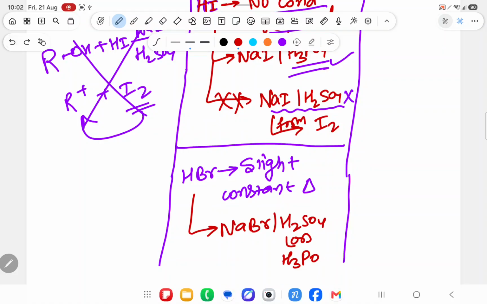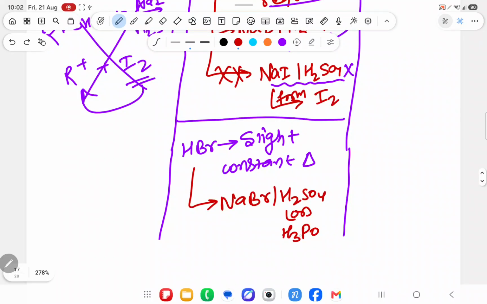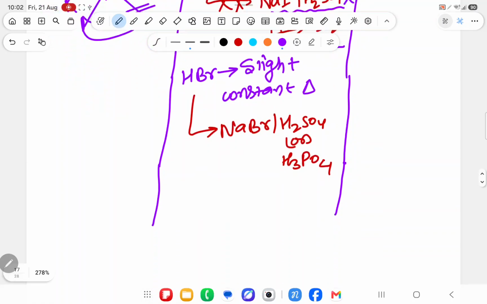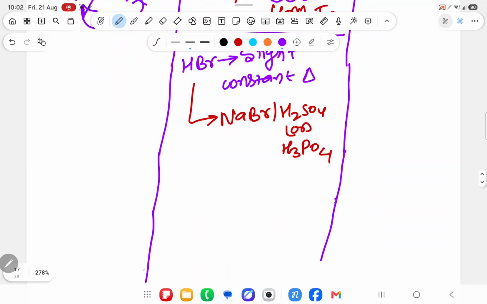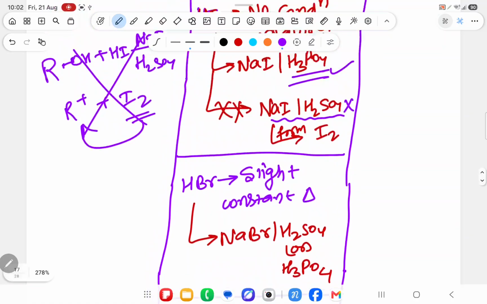Either you use H2SO4 or H3PO4, but slight heat is required. These are the conditions. Understood?